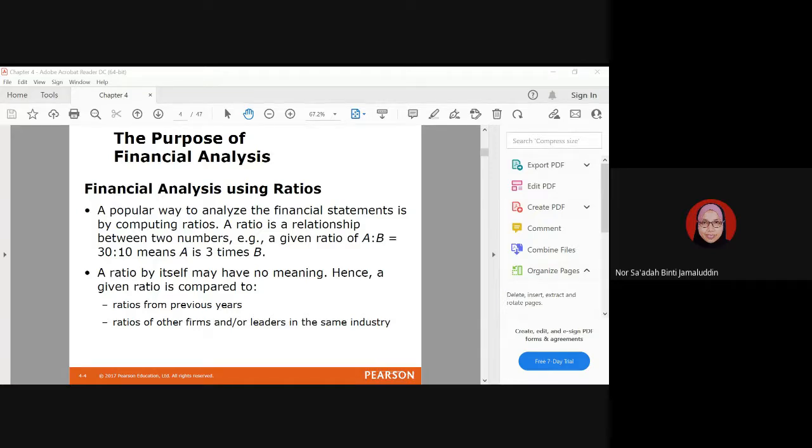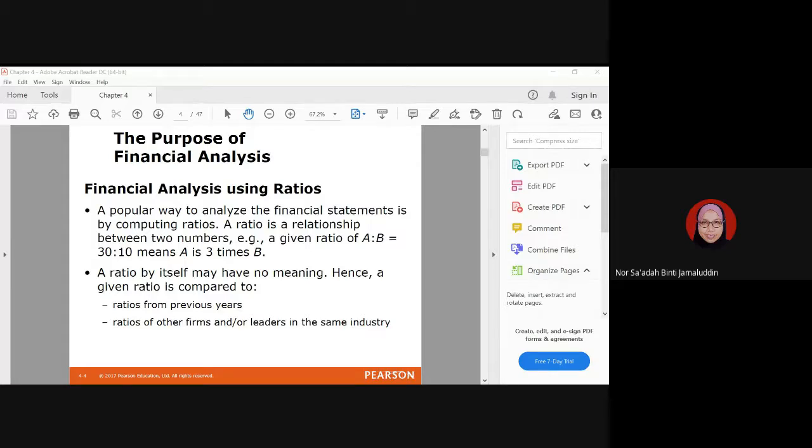Tapi kita kena compare nilai yang kita dapat itu dengan tahun sebelum, baru kita boleh bezakan. Contoh tahun sebelum dapat 2, tahun ni dapat 3. So baru kita boleh compare antara tahun sebelum dengan tahun sekarang. Tapi kalau kita dapat nilai untuk tahun sekarang saja, how do we do comparison?